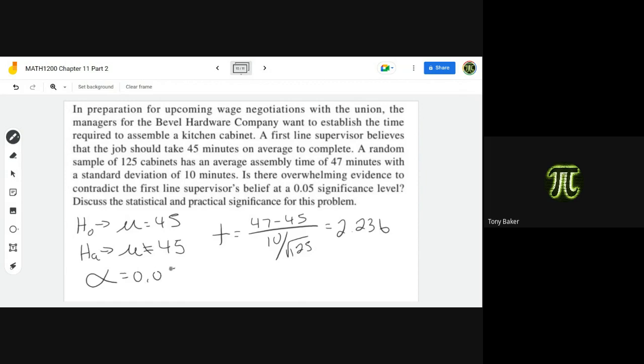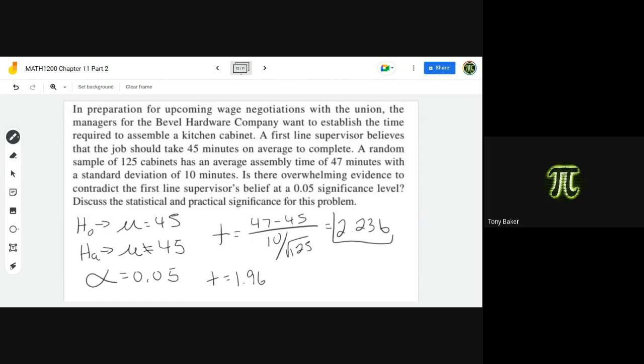We're using 0.05 and 2 tails. So 1.96, and I said if it's over 30, you can use Z, so 1.96. So in this case, are we rejecting or failing to reject?